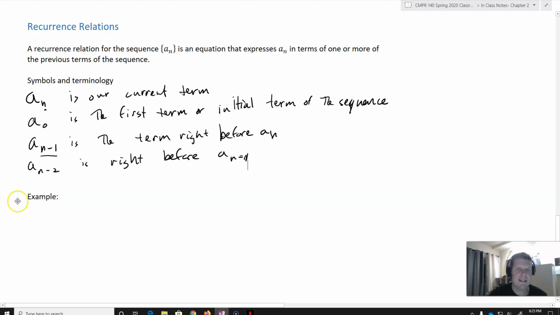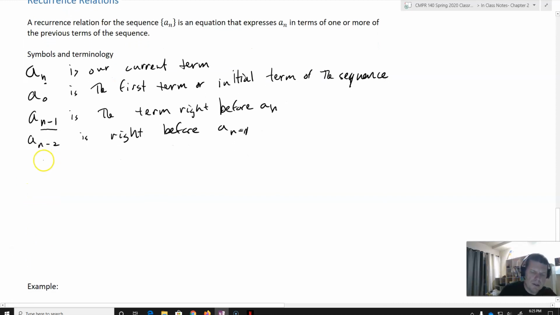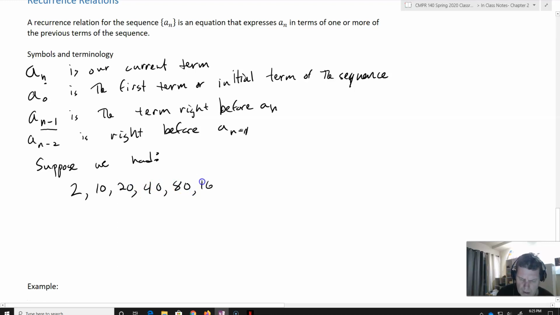So just to give an example of what that might look like, suppose we had 2, 10, 20, 40, 80, 160. And say, for example, we were on a_n equals 80. a_(n-1) is then going to be 40 because it's the one right before 80. a_(n-2) is going to equal 20 because it's 2 away from 80.